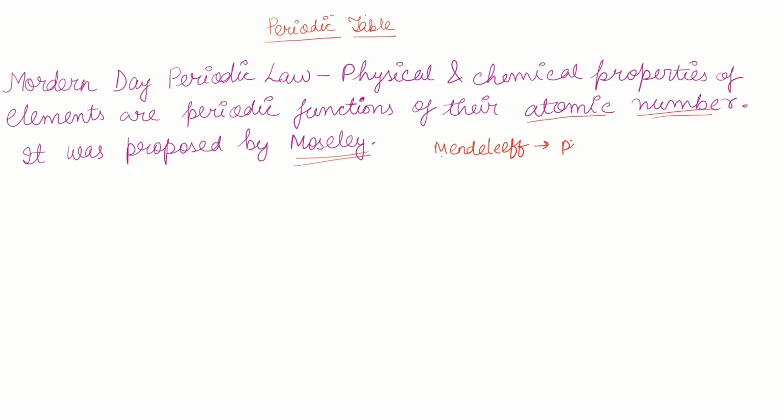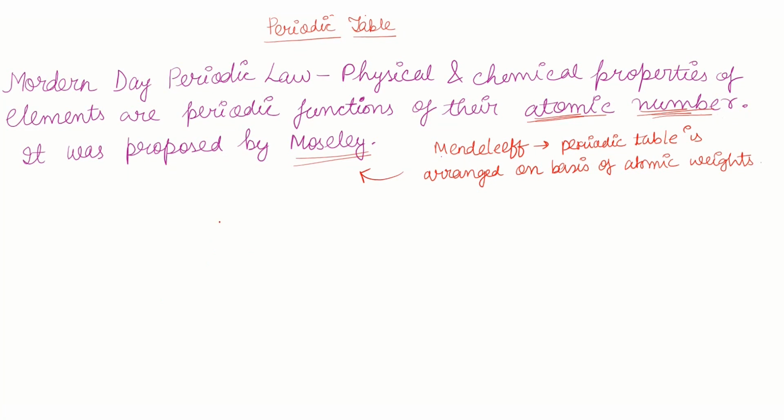Mendeleev stated that the periodic table is arranged on the basis of atomic weights. Okay, and later on Moseley said that it is the atomic number which are the periodic functions.